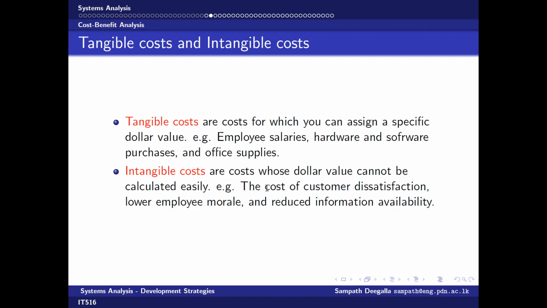So how do you measure this? It's not direct, you cannot put how many dollars and so on. It's very difficult. And sometimes the employees are not motivated enough. So how do you assign a cost for this? Right? And reduced information availability when you make a decision. Again, you cannot put an exact dollar amount or value on these, and therefore they are categorized as intangible costs.